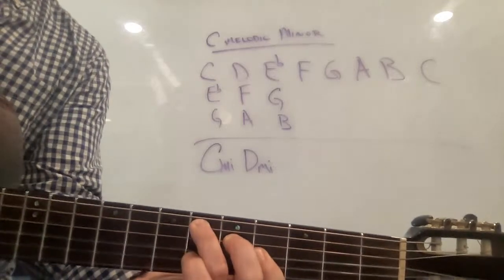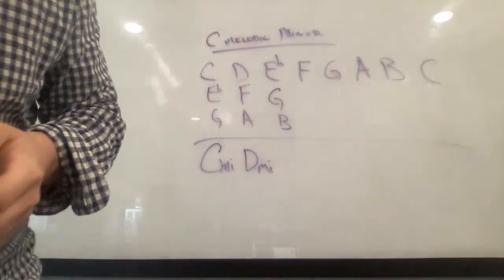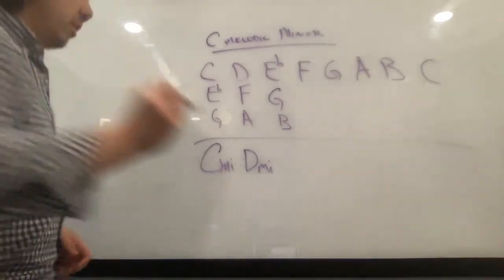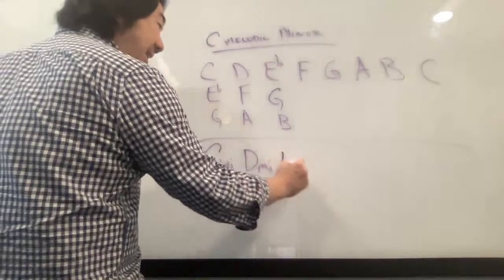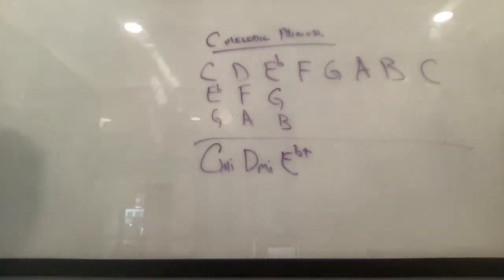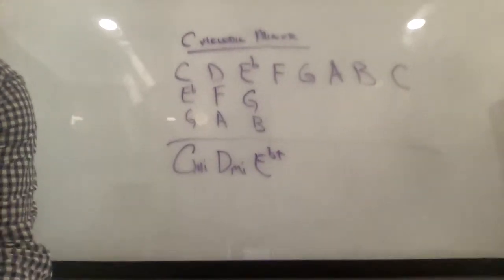Here's E flat augmented. Nobody typed it in, that's okay. It might be new for you all. So I'm going to tell you. The flat 3 chord here is E flat augmented, and we just put that plus symbol. E flat augmented. That's the 3 chord.